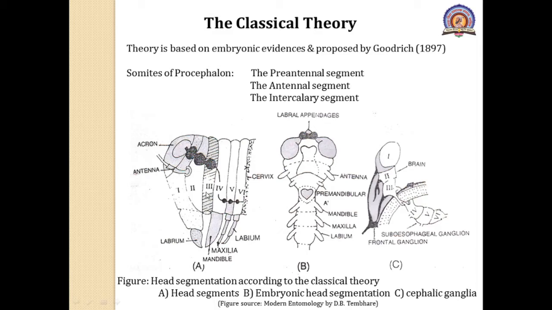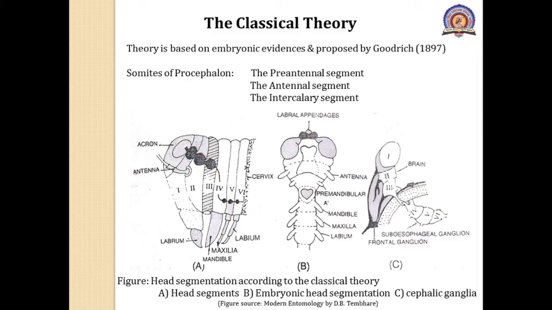And the third one is the intercalary segment, which bears the tritocerebral part of the brain and the third pair of coelomic sacs in the embryo, but again, like the preantennal segment, it is also devoid of any segmental appendages in the adult condition, and it is homologous to the second antennal segment which is found in the crustaceans. Obviously the crustacean has two antennae.